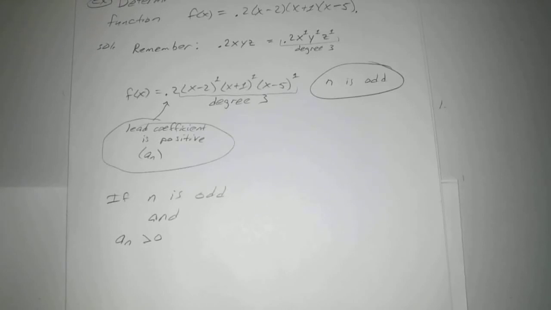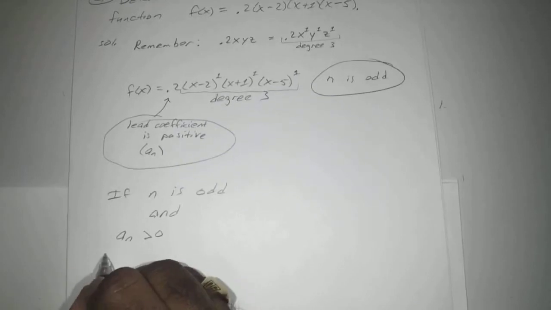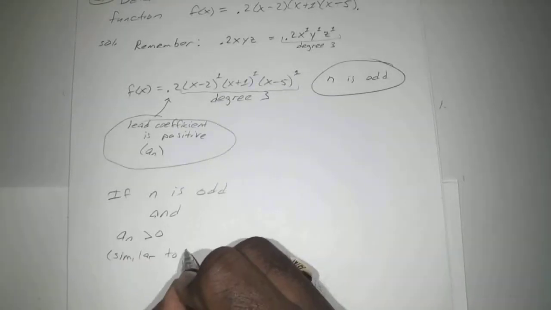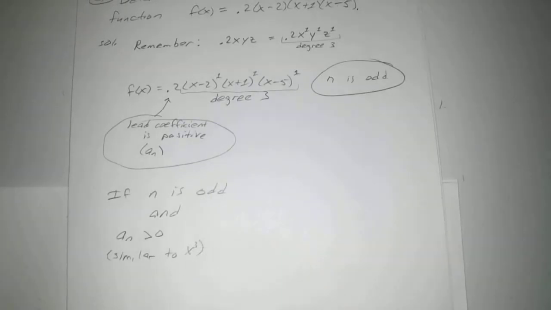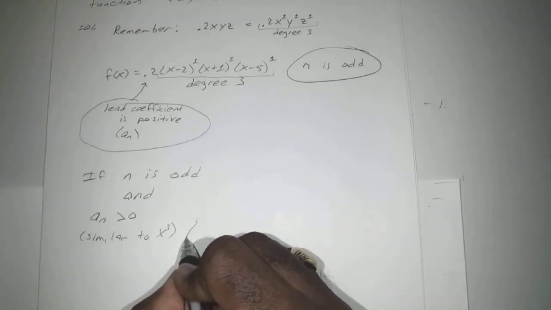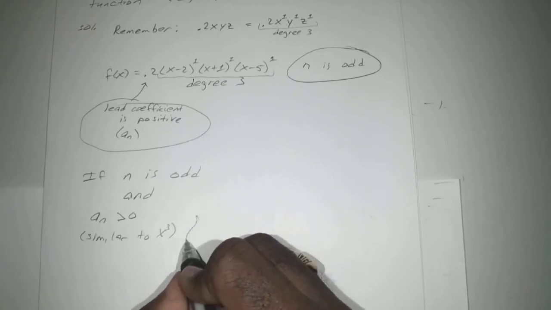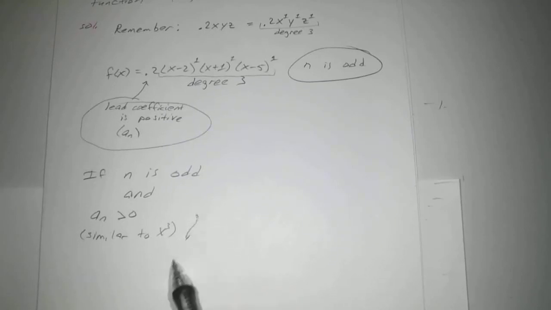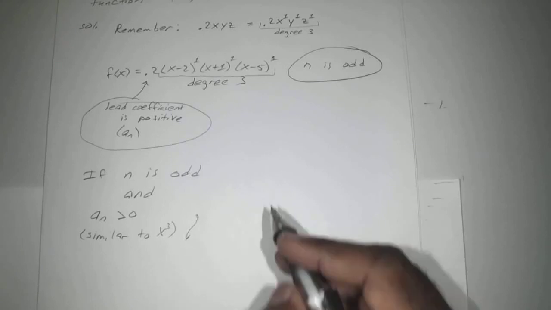Positive lead coefficient, odd exponent, similar to x to the third power. So what I would do is normally right next to it, just make a quick little sketch of x to the third power because it looks kind of like that. So you know this graph, since it has everything that x to the third power has, is going to go up and to the right and down and to the left.